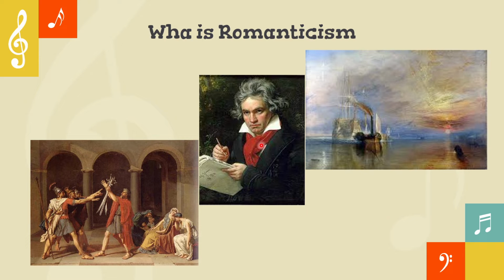But what is Romanticism? Romanticism is a movement that is known to have begun in Europe during the 19th century as a response to the Industrial Revolution and to the false illusions of the Enlightenment values of reason.